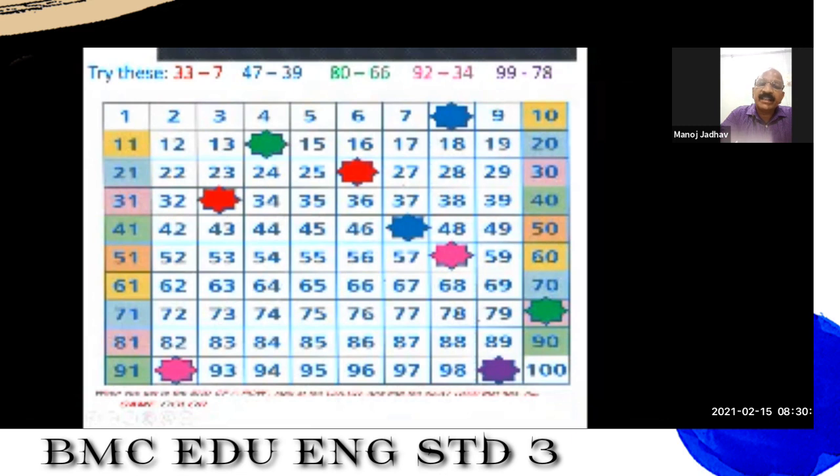Right? From 99, we have already subtracted 70. Now we are going to subtract 8 more. We are going backward, 29 to 28, 27, 26, 25, 24, 23, then 22 and 21. So our answer is 21.